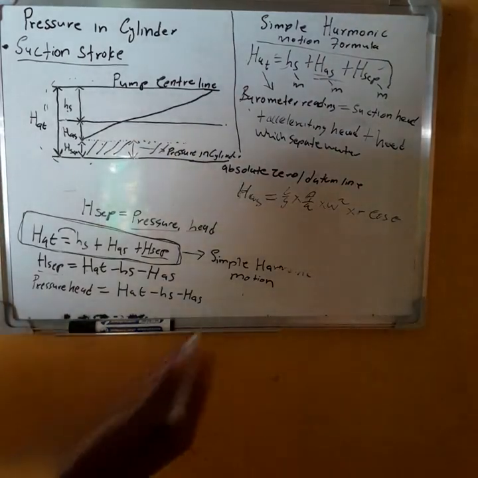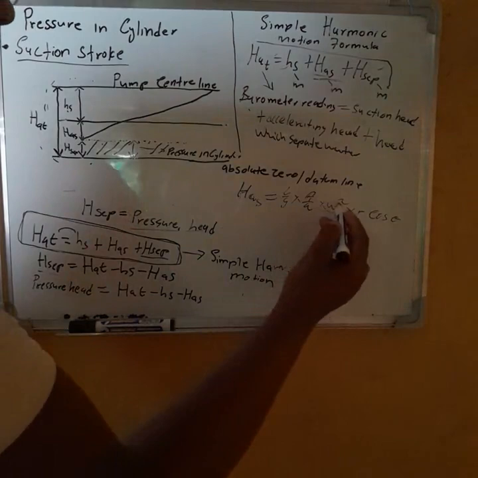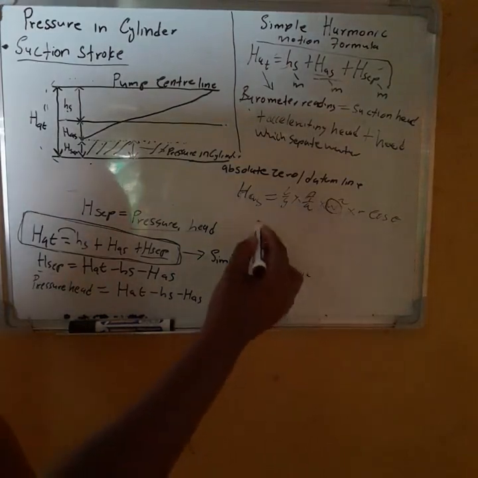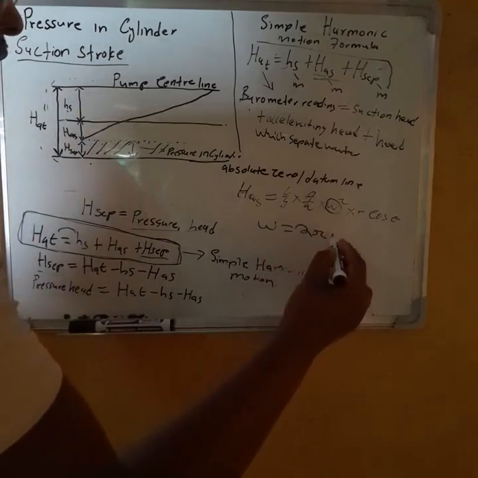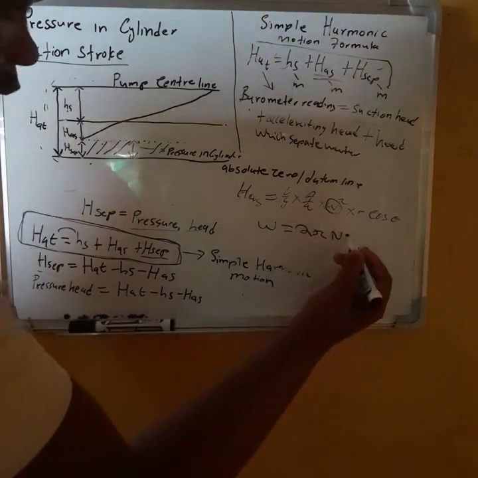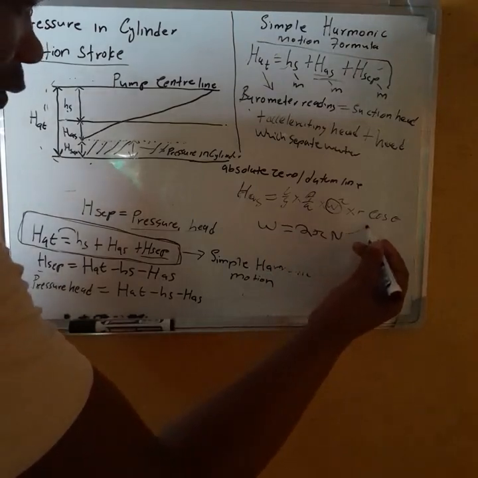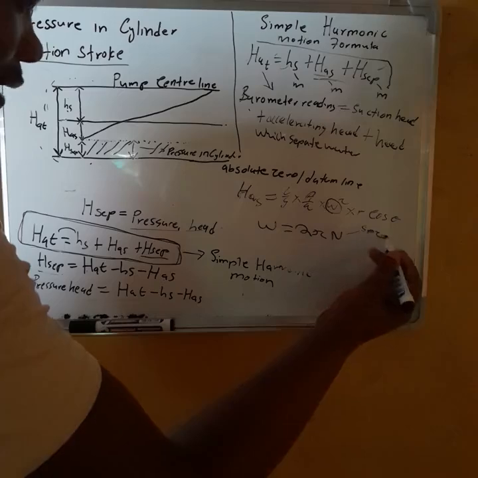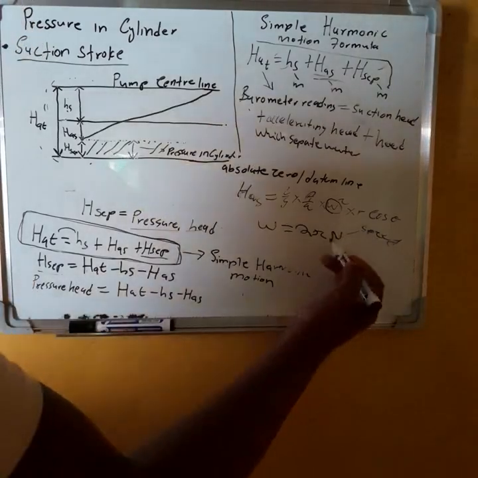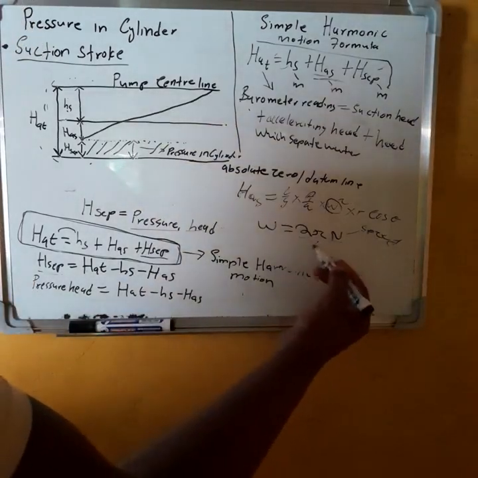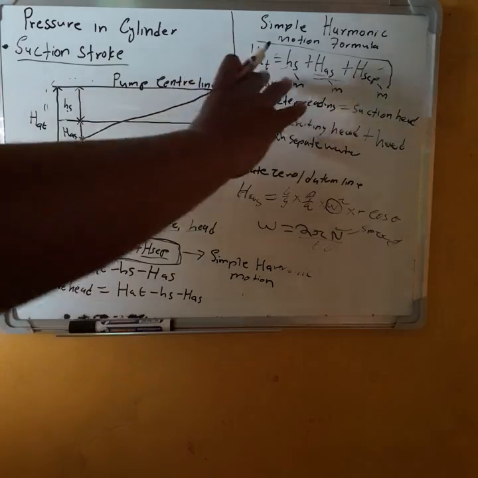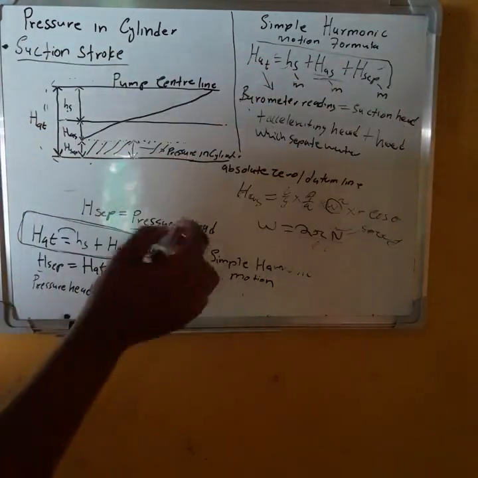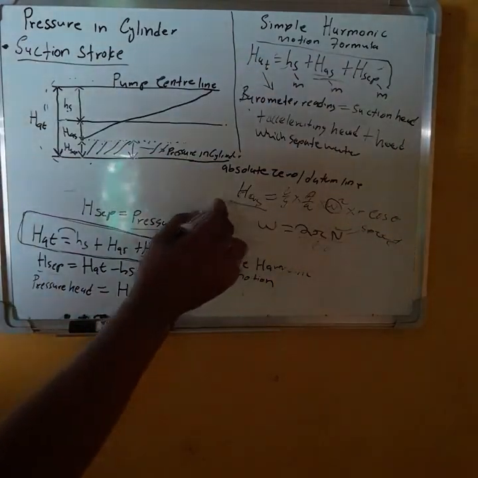So if you want speed, we want to make this, w, the subject. Remember w is 2 pi n, right? This n is the number that tells us about the speed. If it's in seconds, maybe here it will be over 60, but the aim is to calculate this. So that is why we'll use this formula first and make HA the subject of the formula, right?